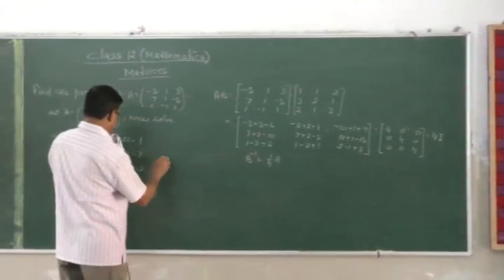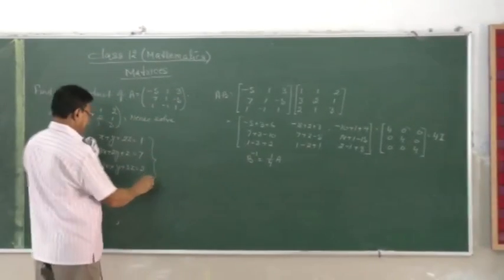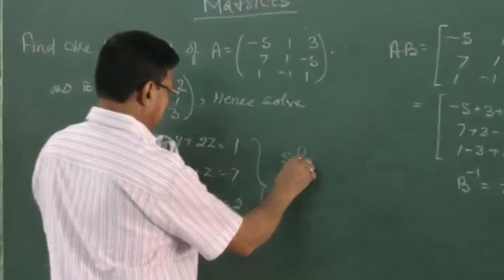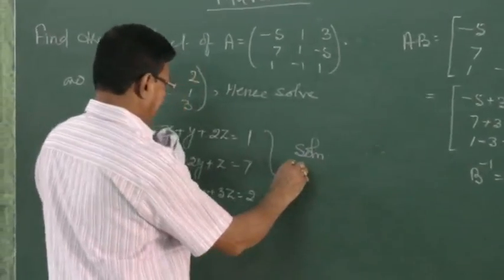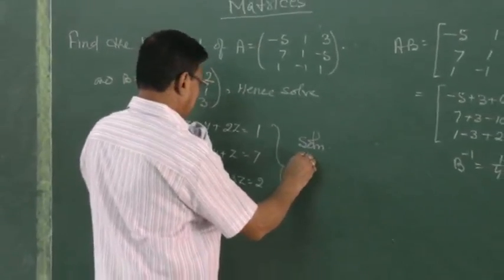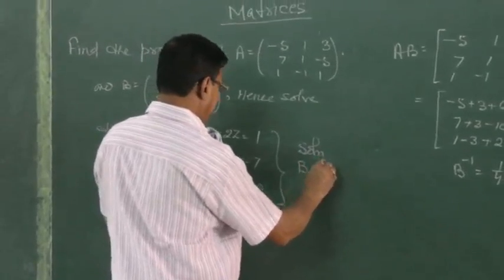So now, solving this solution, matrix B is this.